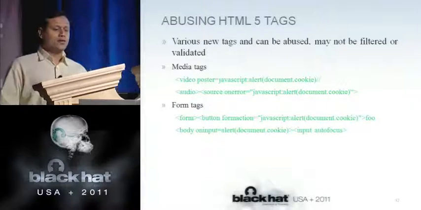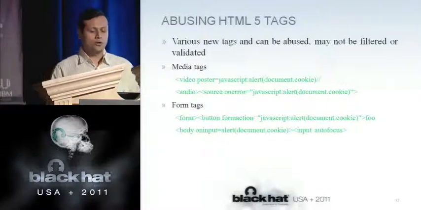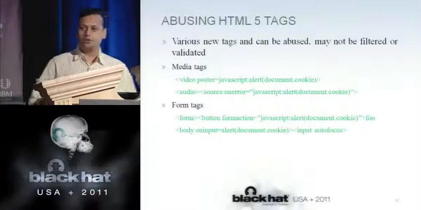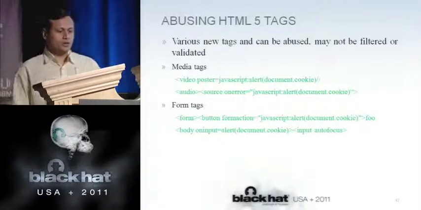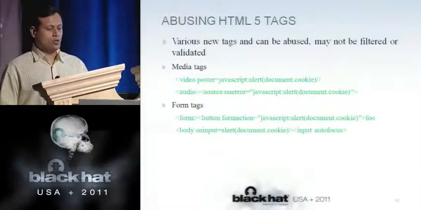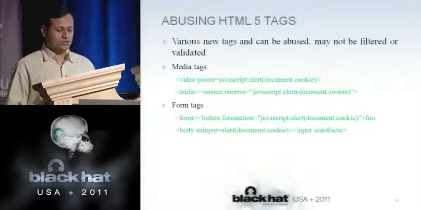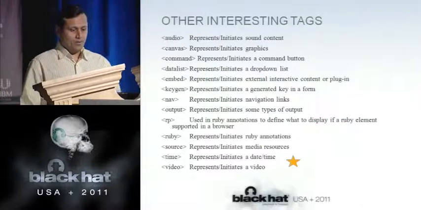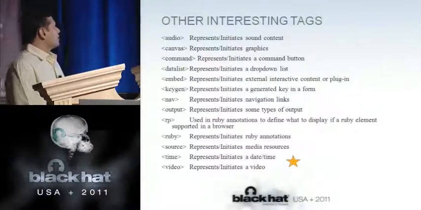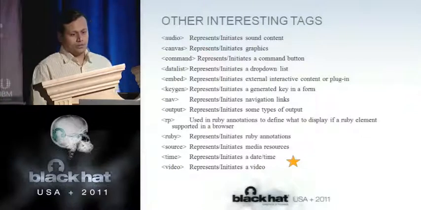Say for example, a media tag which allows you to load video and audio, where on error or on poster you can actually implement a JavaScript alert. The form tag has some new components added, say for example an oninput attribute which takes JavaScript.